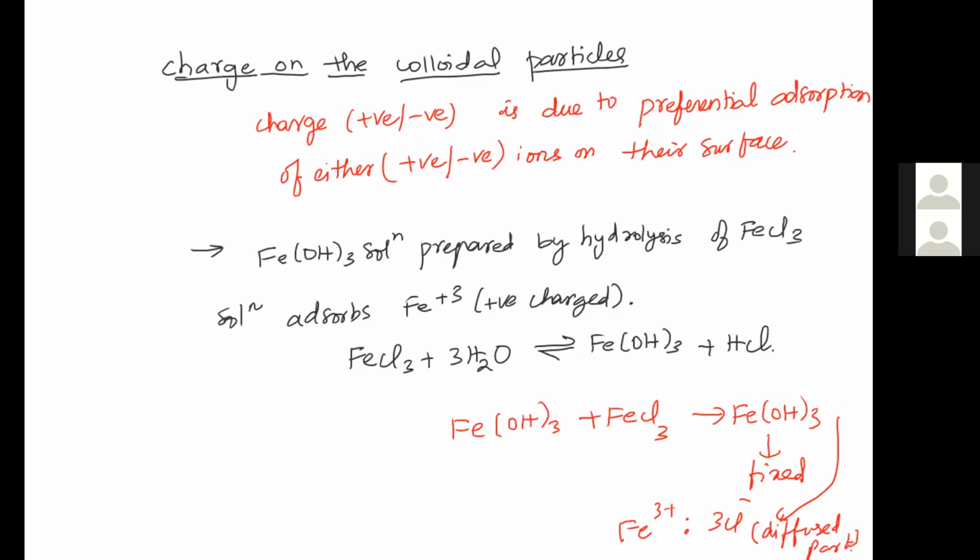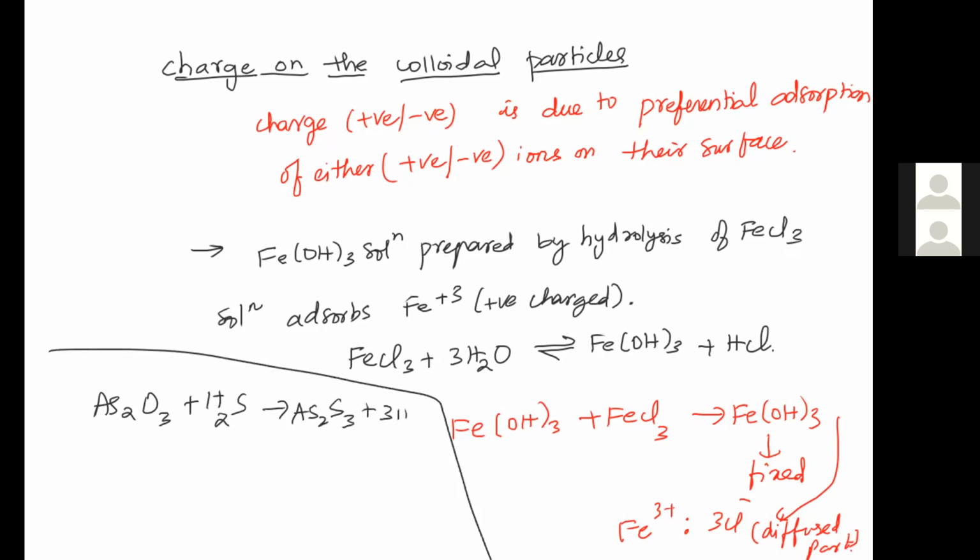For example, another example I'm bringing: if we have arsenic oxide reacting with hydrogen sulfide, we have As2S3, arsenic sulfide, and water. In this case, what happens? This is going to adsorb the sulfide ions. Why? Remember, the ions which are common in both of them are preferentially adsorbed. If you see, sulfide ions are common between both H2S and As2S3.